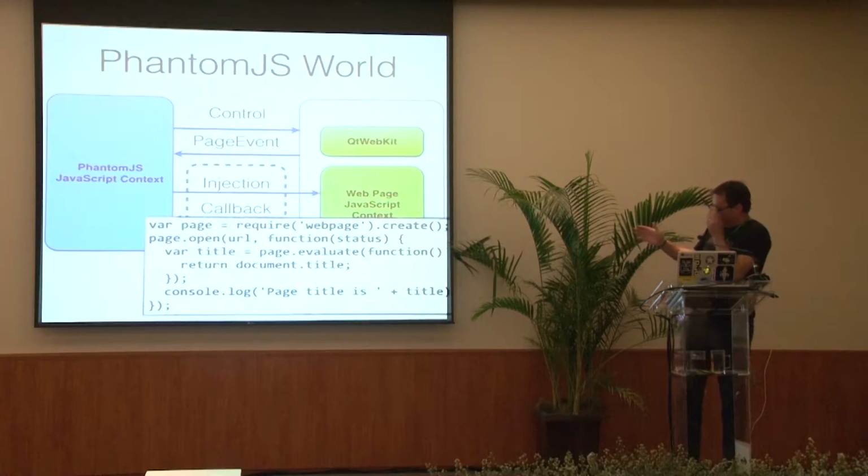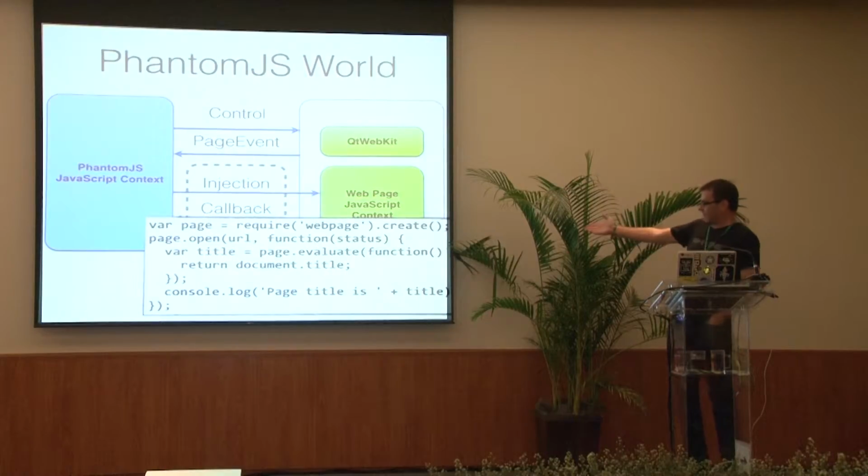The simplest program that would drive Phantom.js looks like this. It's in JavaScript syntax. You create a web page, and then page.open accepts the URL, and whenever that URL is loaded, the callback function is executed.